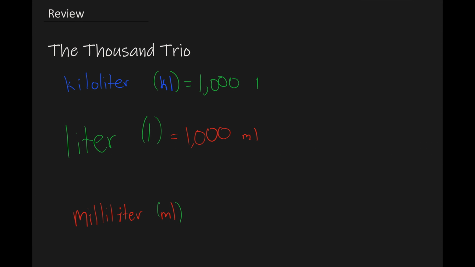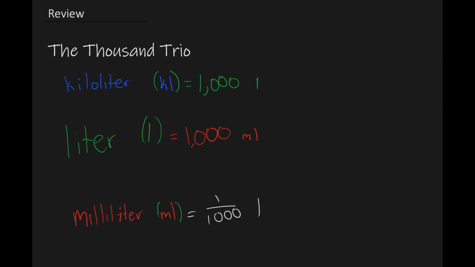But we could write that this is equal to 1/1000th of a liter. So those are the 1,000 trio.